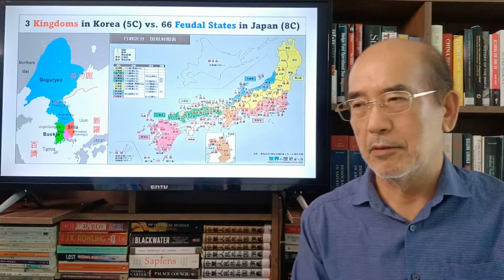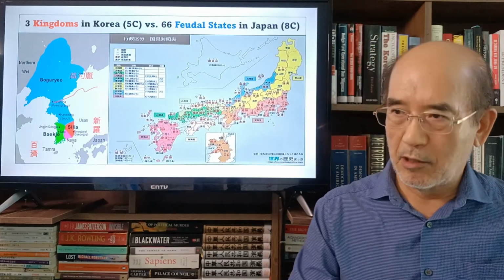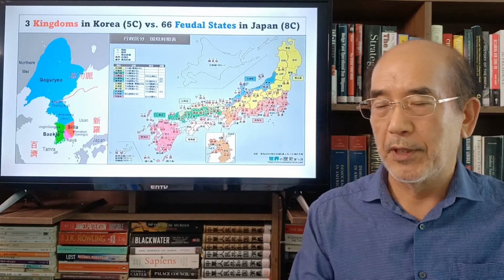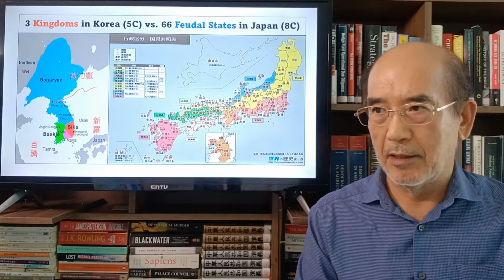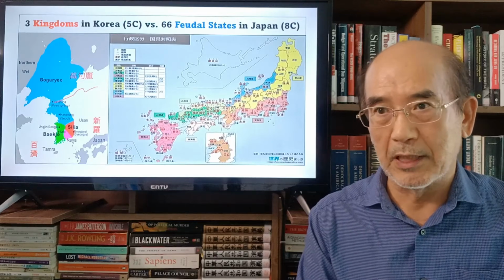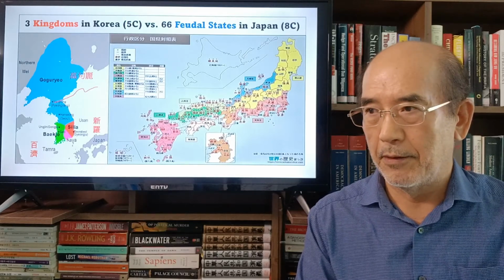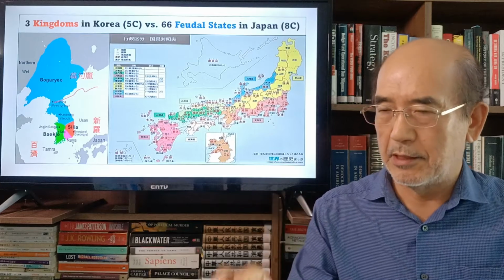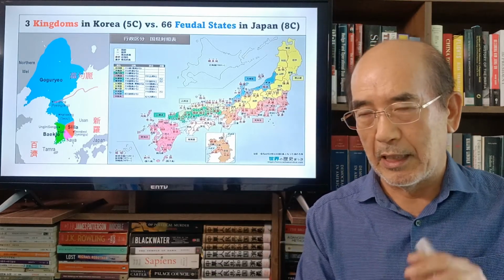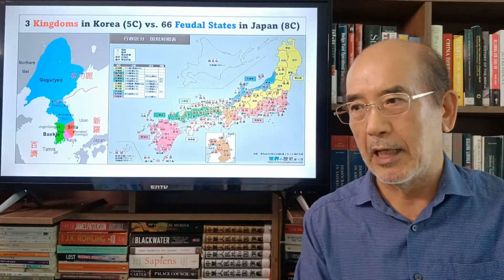So the Japanese archipelago actually has a long tradition of dozens of feudal states. Today, we have 47 prefectures, right? Each feudal state had a lord living in the castle, and they had a name.